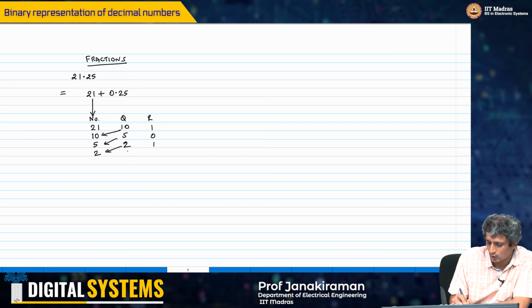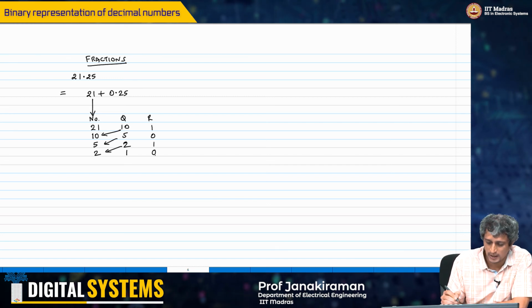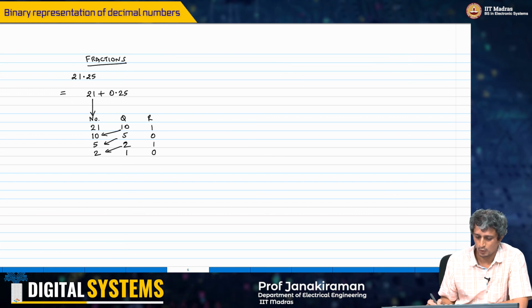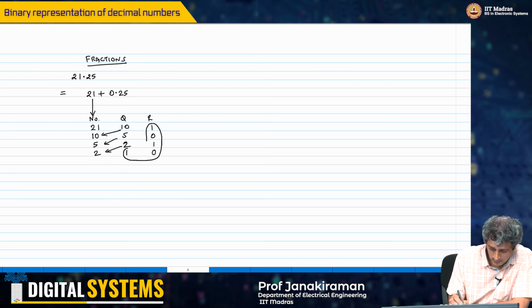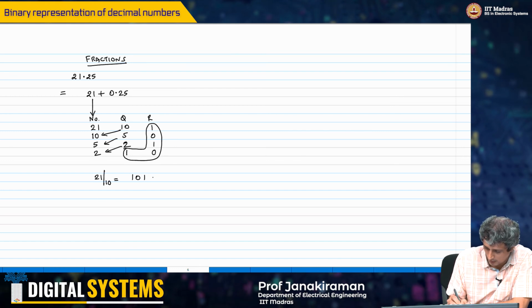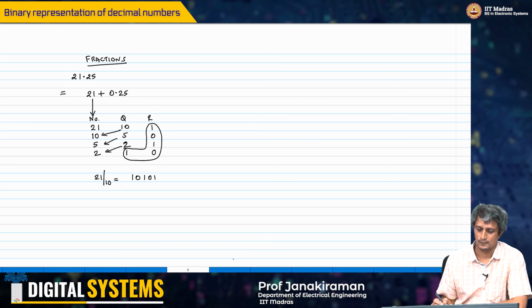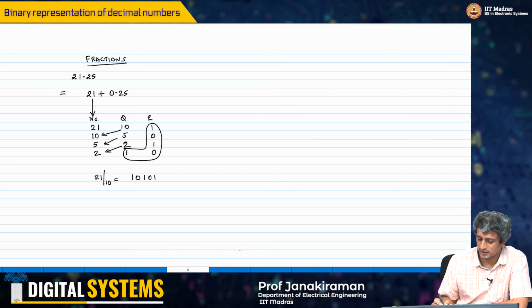I divide 2 by 2, I get quotient of 1, remainder is 0. So therefore, 21 to base 10 is equal to 10101.